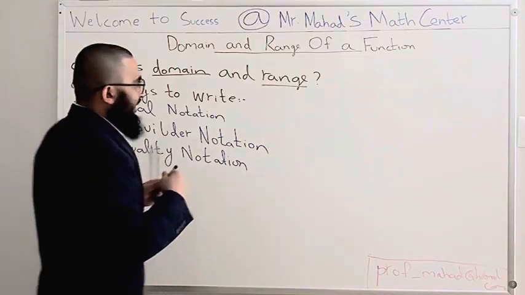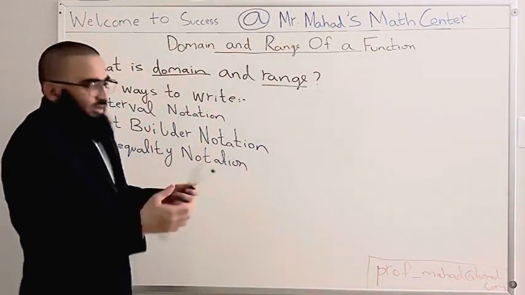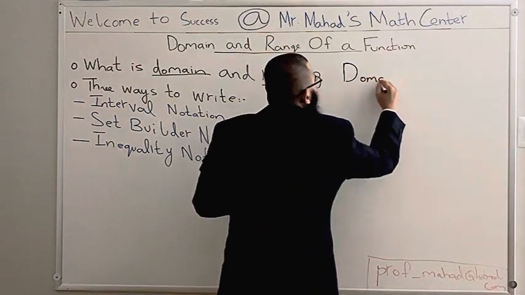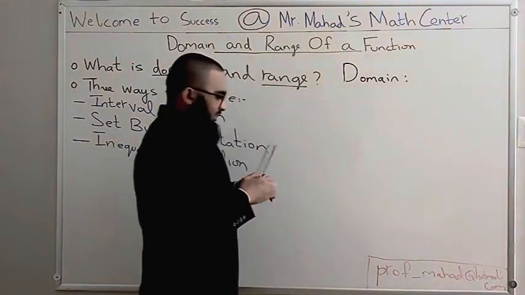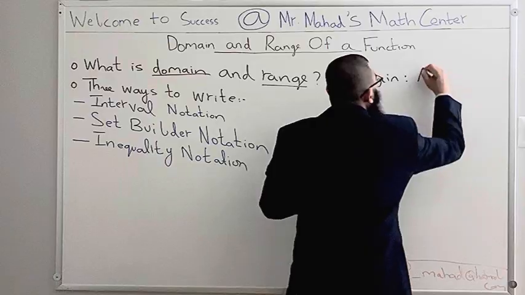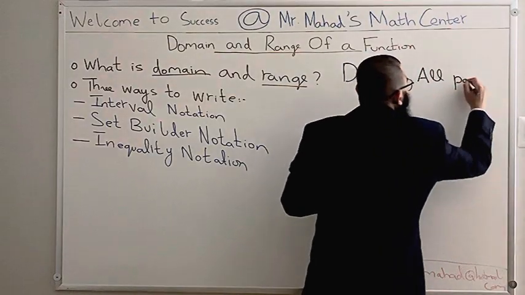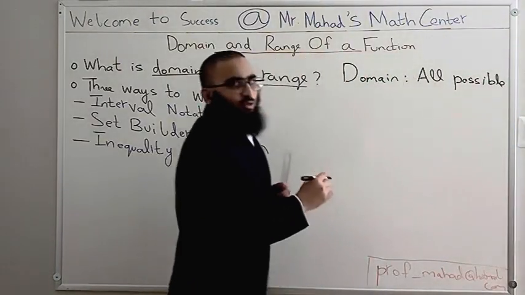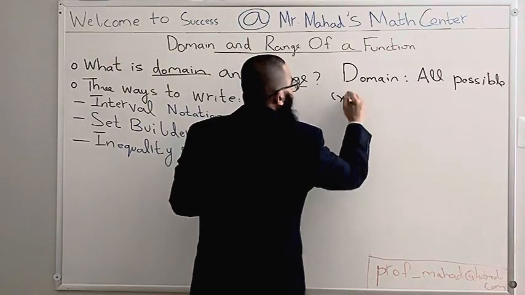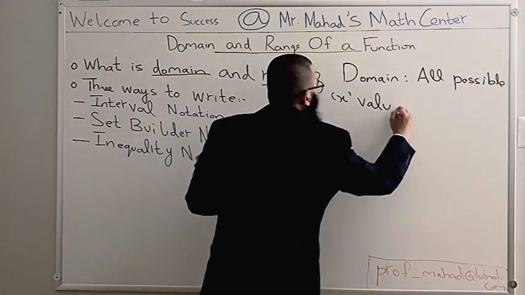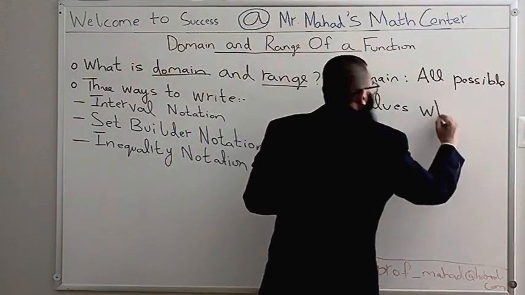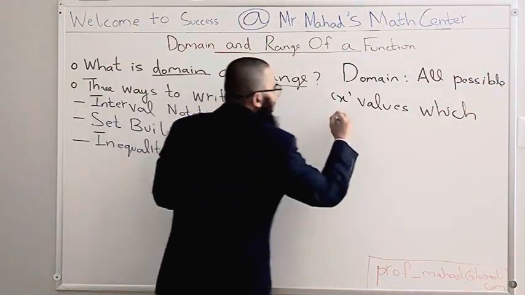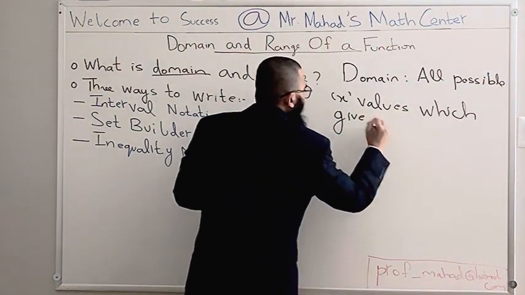What do we mean by domain in terms of the definition? So whenever someone asks you what is the domain, generally domain is defined as all possible x values which give the function an output.